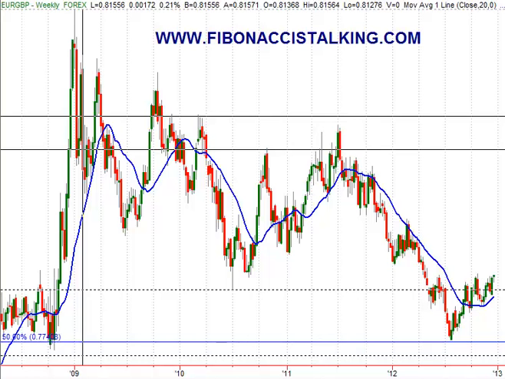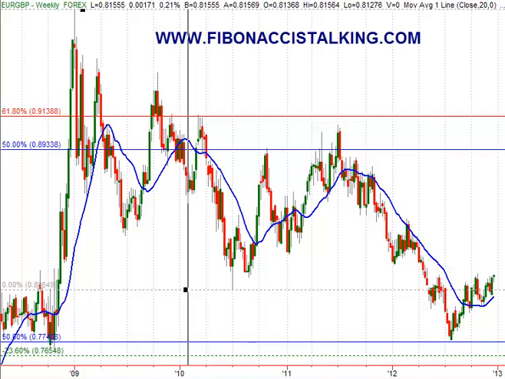this level of resistance at the 89.30 area here that provides resistance to price. But as you can see, the bears were never able to bring price to the target at 0.7660 here.